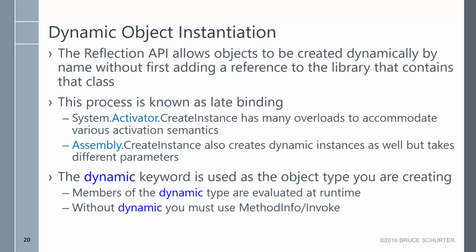Now, as I mentioned previously, the DLR, the Dynamic Language Runtime, provides something known as the dynamic keyword, which is probably the preferable way to hold references to dynamically created objects. The reason is because dynamic allows us to use the method names natively.